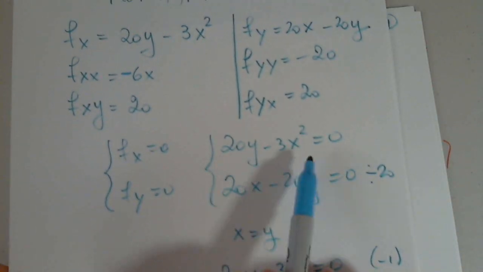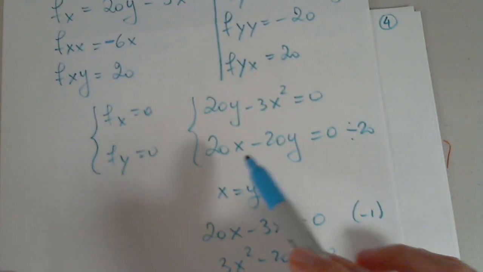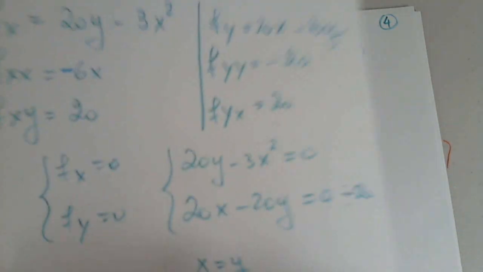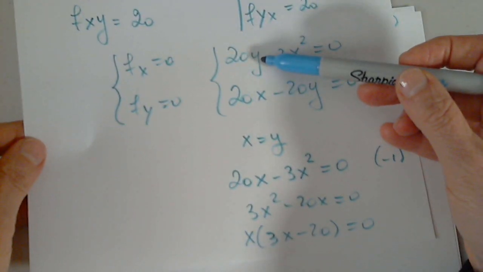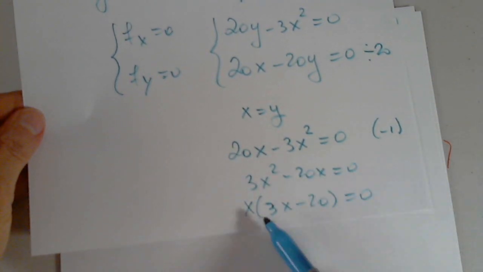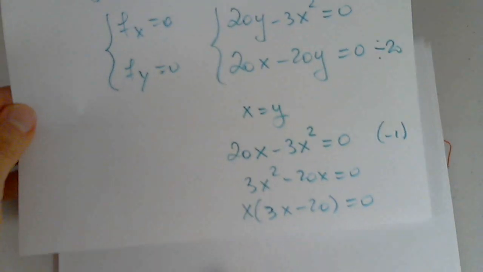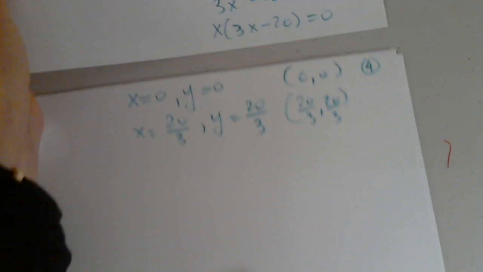So 20y minus 3x squared equals 0, and 20x minus 20y equals 0. I divided: x minus y equals 0, so x equals y, and I replaced it here. Yes, I multiply both sides by -1 and I factor out x. So these are the two ordered pairs that we have to work with.